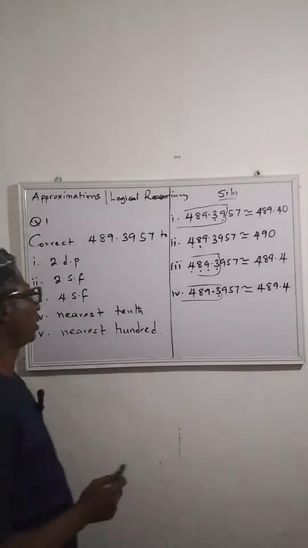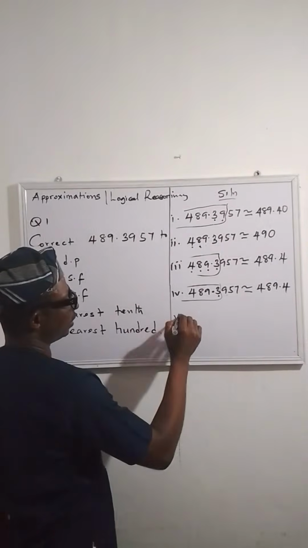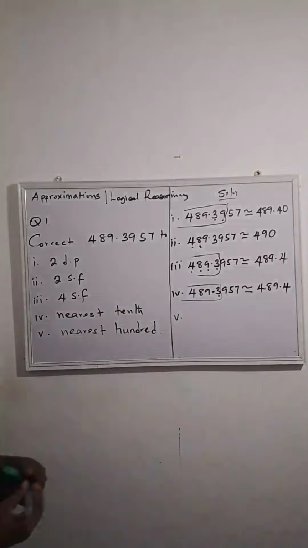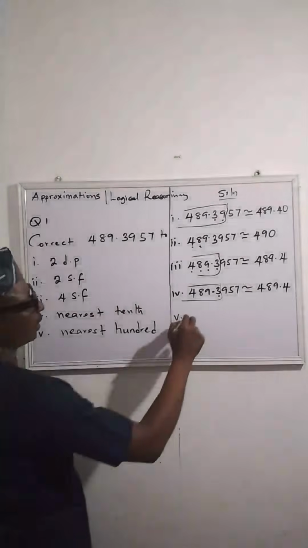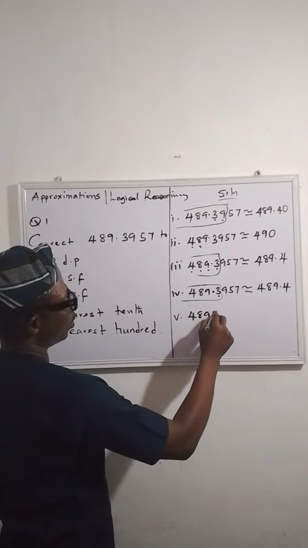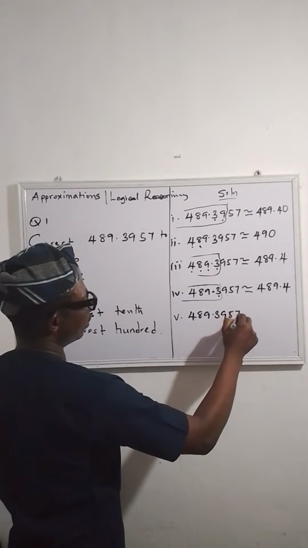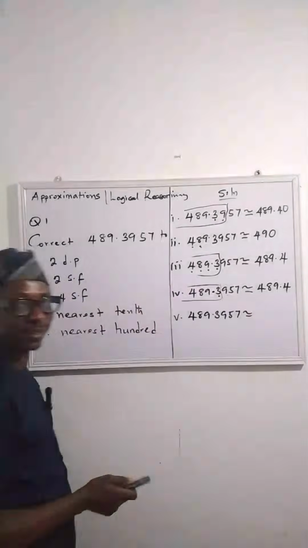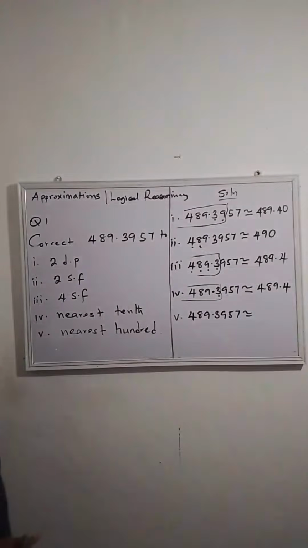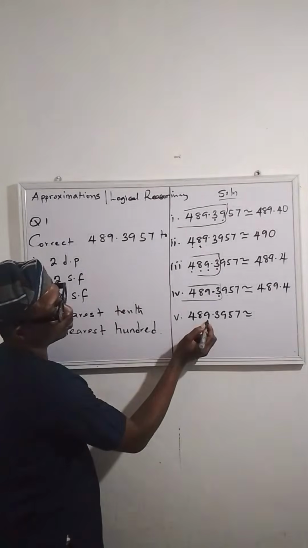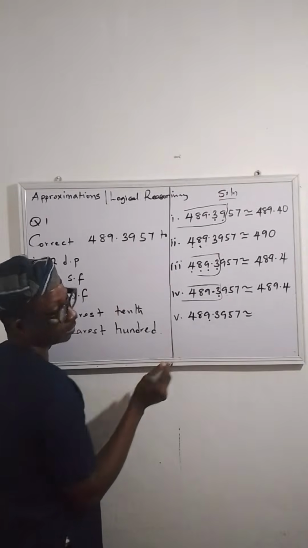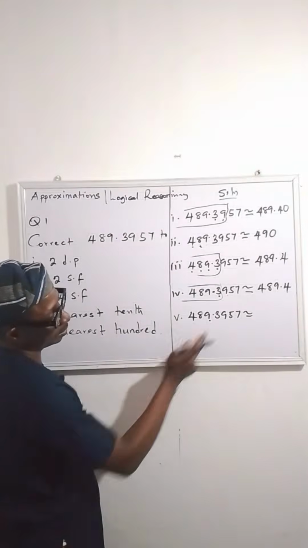Okay, so now the last one we have on the list, you have to correct 489.3957 to the nearest 100. To the nearest 100. So I must know the position of 100. Now let's look at the digits before the decimal point.